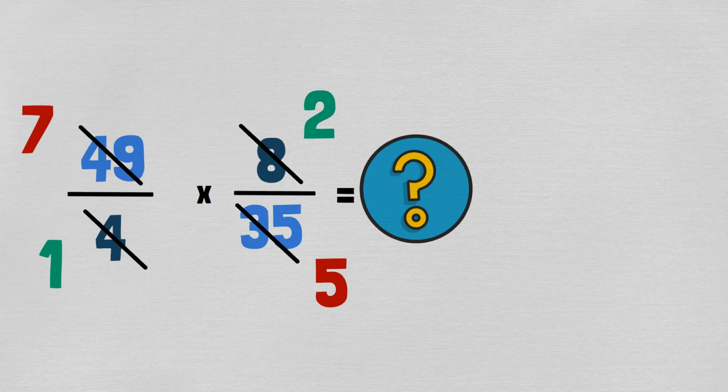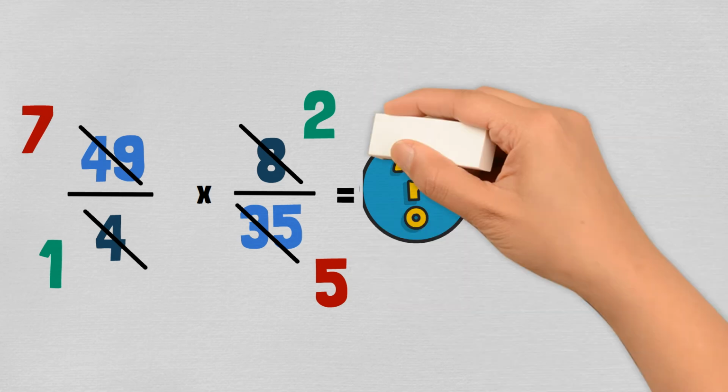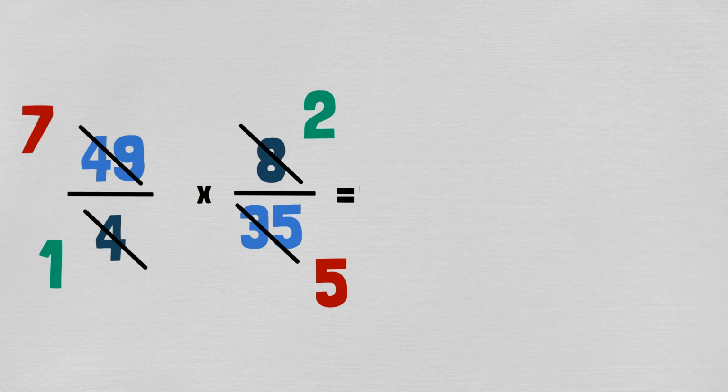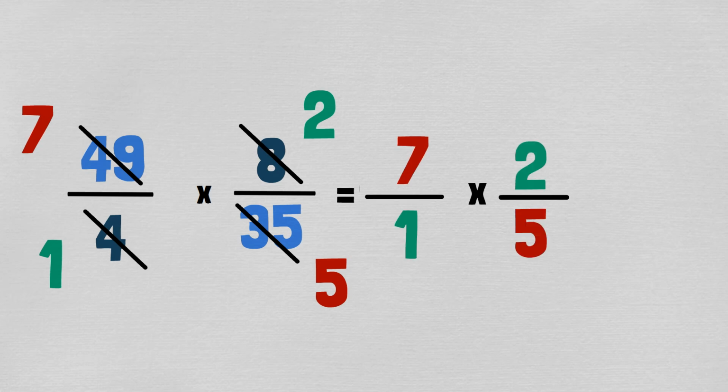As a result of all this simplification, instead of multiplying 49 over 4 times 8 over 35, we now end up multiplying 7 over 1 times 2 over 5. And this is as easy as it gets. In the numerators, we get 7 times 2 equals 14. And in our denominators, we get 1 times 5 equals 5.